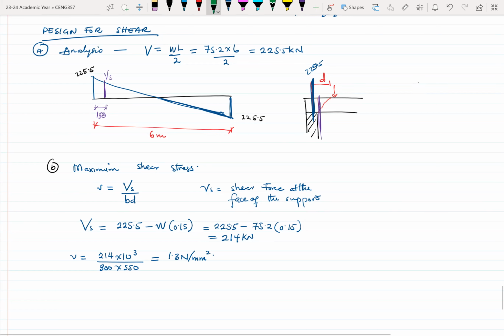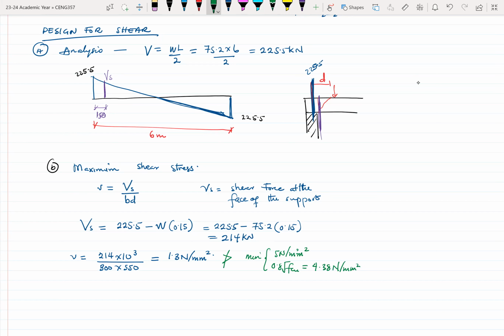Okay. And we need to compare to the maximum, right? This cannot be greater than the minimum of either 5 newtons per millimeter squared or 0.8 square root of FCU. Okay, so this will be 0.8. Our FCU is 30. So 0.8 times the square root of 30 will give us 4.38 newtons per millimeter squared.